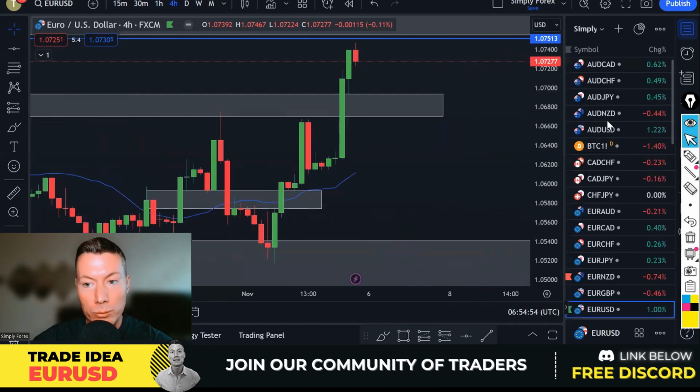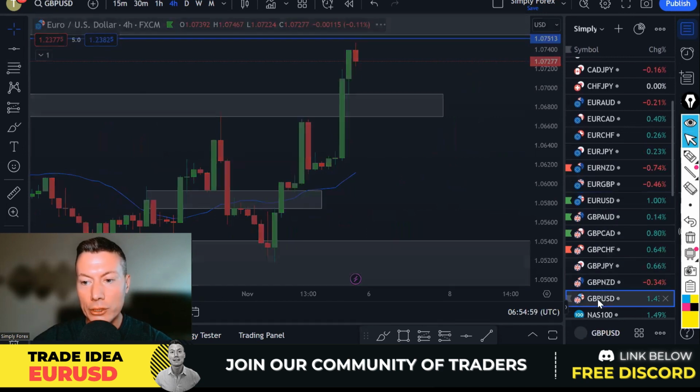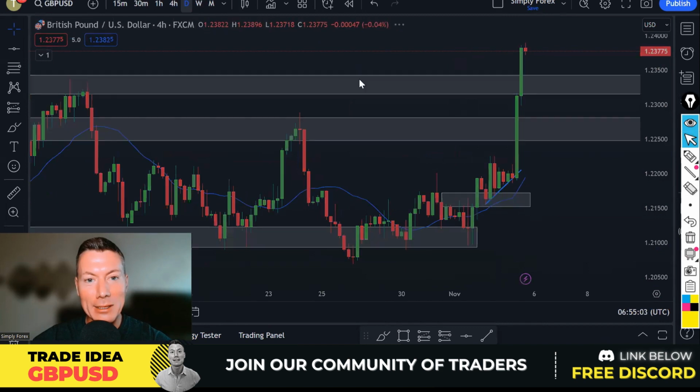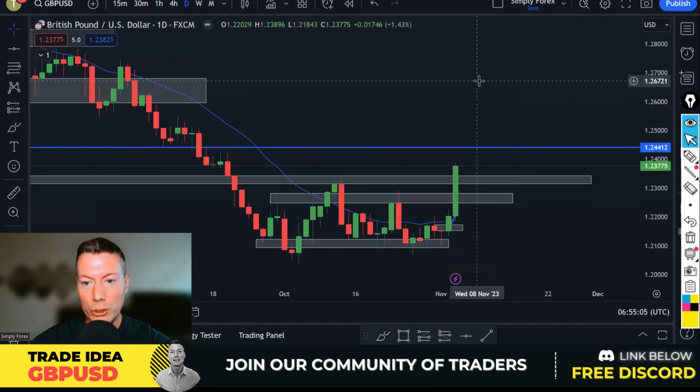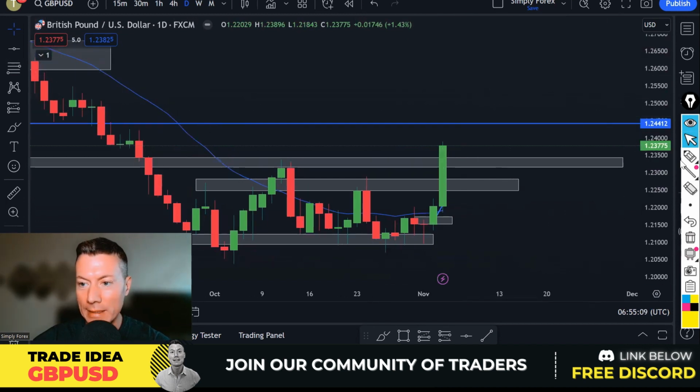The next one is pound US dollar, my mother country's sterling currency. Anyway, day chart. As you know, the pound, we were buying this on Friday. This makes us happy traders. But anyway, guys, it's still a trade idea for today as well.